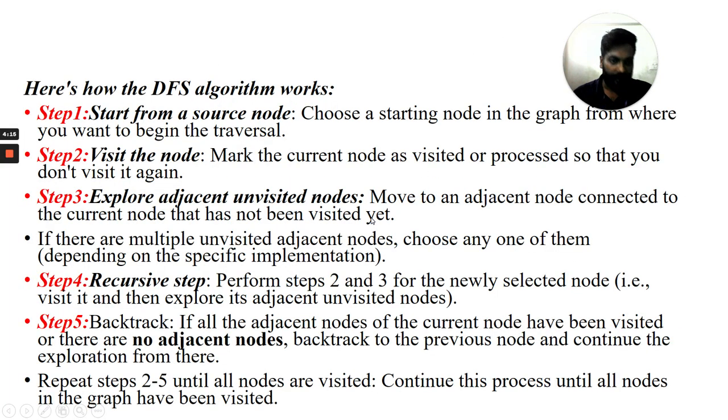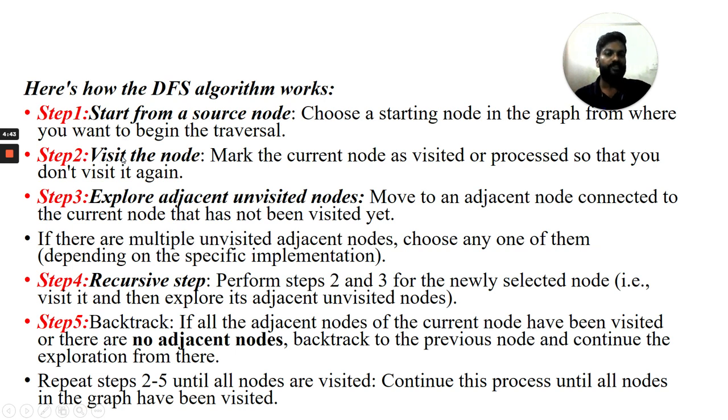What is the exact working? Basically, step one, step two and step three are the main processing. First of all, we find the source node, any node in that graph. That's step one.